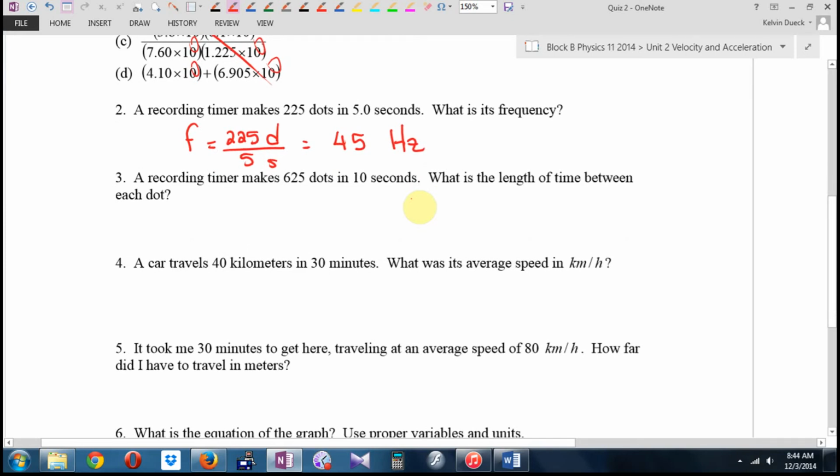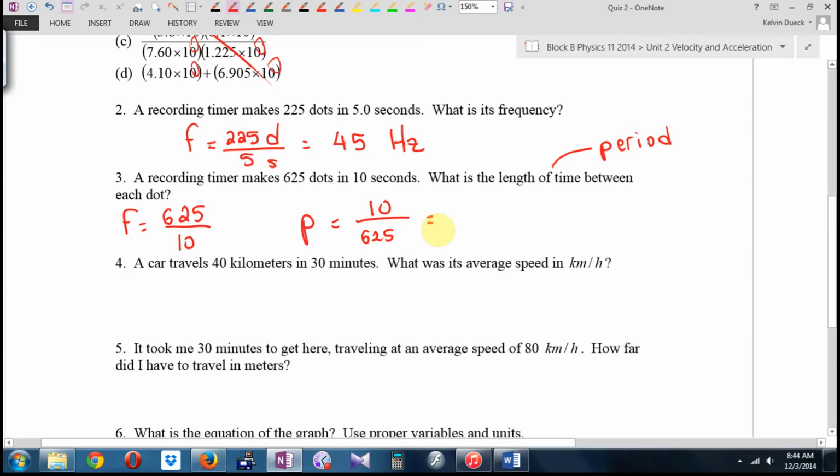A recording timer makes 625 dots in 10 seconds. What's the length of time between each dot? By the way, what this is really asking for is the period. The frequency would be 625 over 10. The period is going to be 10 over 625 because they're reciprocals of each other.